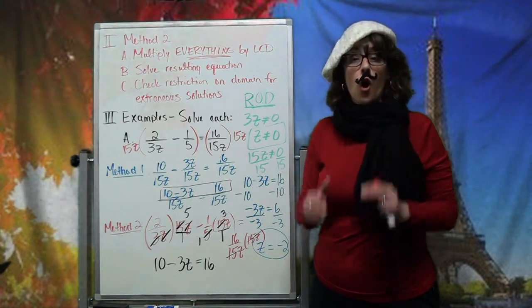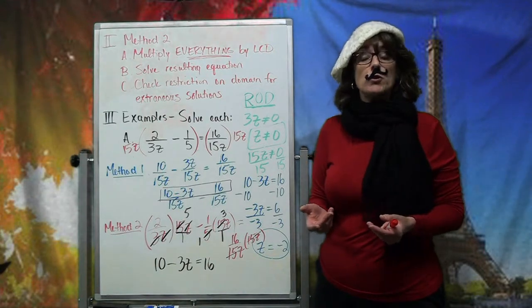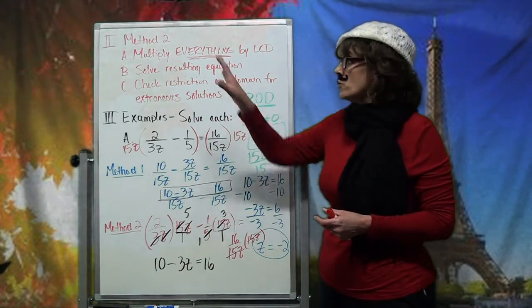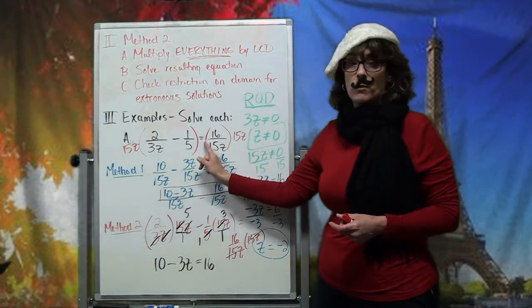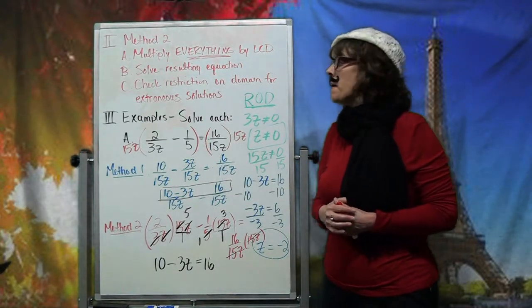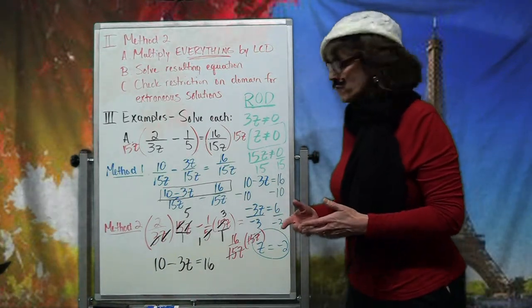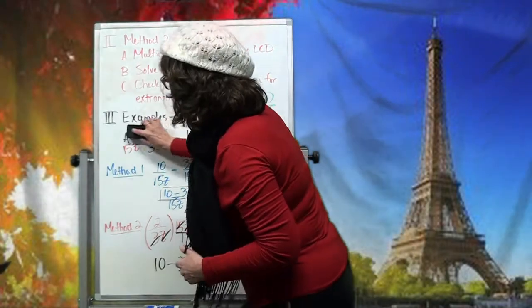Method 1 works all the time. So method 1 is for those who will get confused. But if you're one who won't get confused and you know that this second method is only allowed when there's an equal sign, it's a fantastic method to use. So let's try a few more examples just to make sure that we're very comfortable and solid with this. Let me get this example out of here.